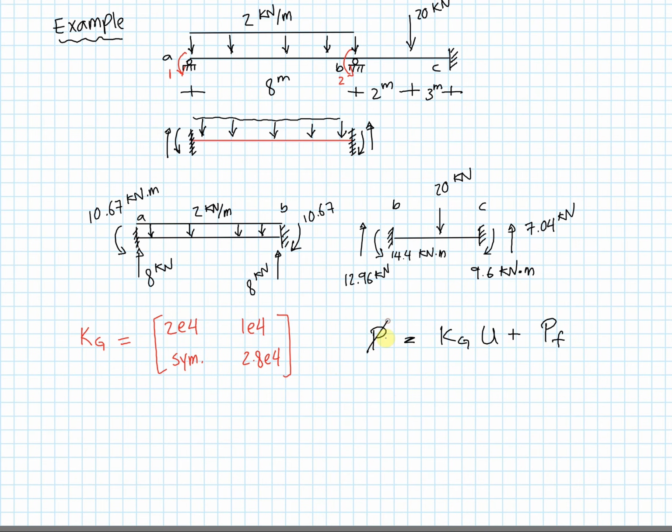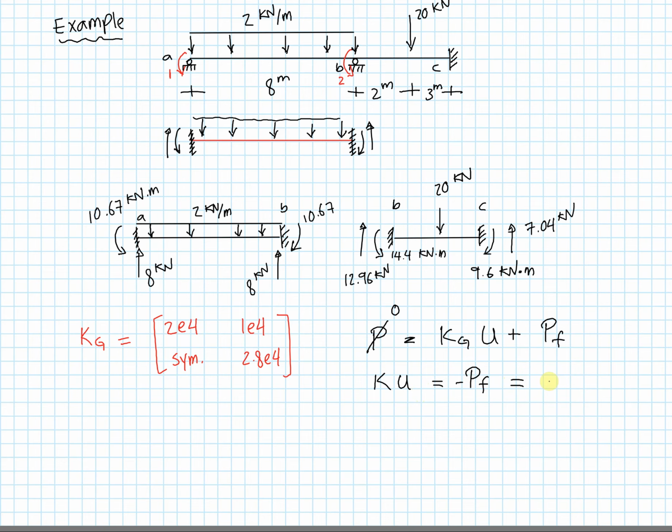We don't have any nodal forces, so P is equal to 0. We only have the fixed end forces from the forces that are present between the nodes. And so what I have is Ku is equal to PF. And this time PF is going to be minus because we're moving it to the left-hand side of the equation.